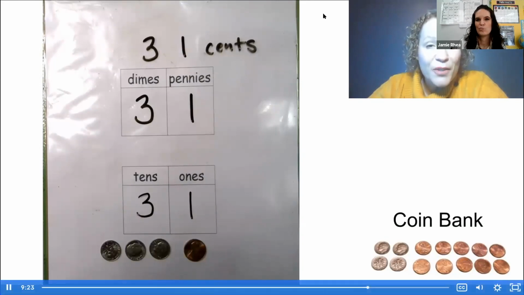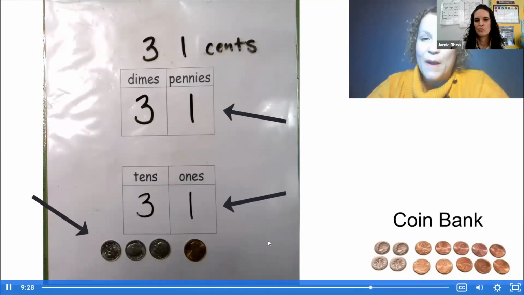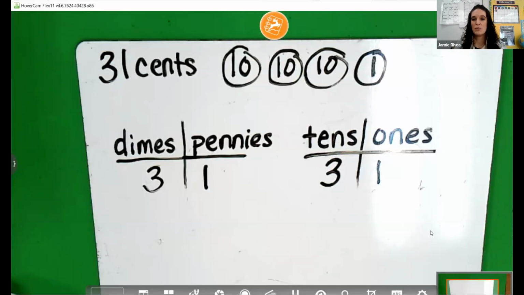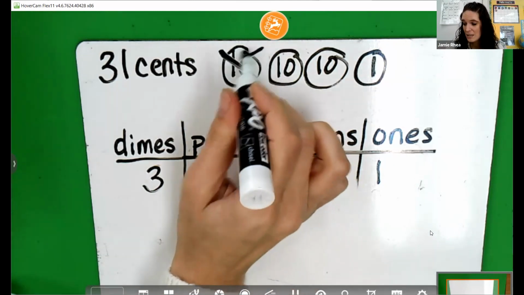Show what to do with your coins and then make the change in both place value charts. Push pause now to do that. Okay, so let's look at what we need to do if we take 10 away. Kind of like our application problem today, guys, where we had to give a bag away. So let's take 10 away.